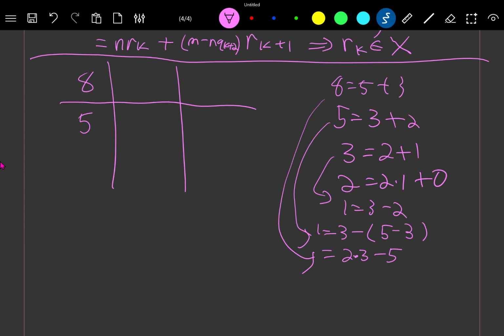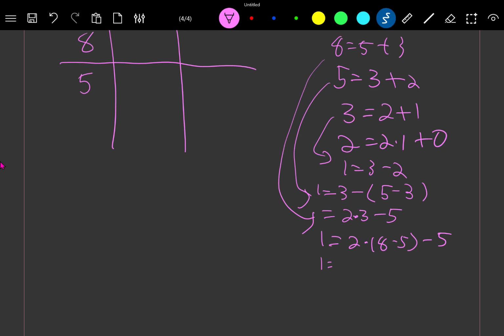And then you'd use this last one and say, well, 3 is actually 8 minus 5. And so this would give us 1 is 2 times 8 minus 3 times 5. And this is how you could do it. And there's nothing wrong with doing back substitution, except it's a little tedious.